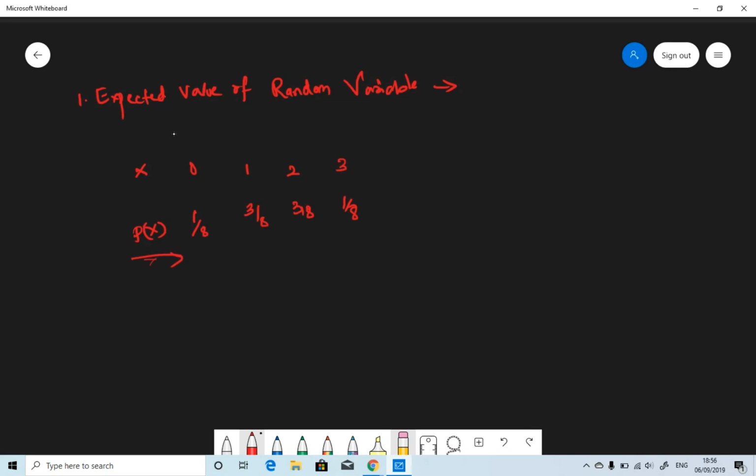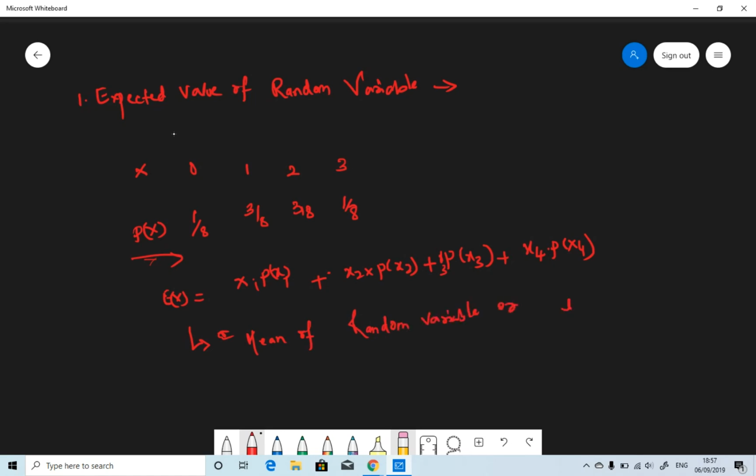Here, the expected value, how can we write it? x1 into p of x1 plus x2 into p of x2 plus x3 into p of x3 plus x4 into p of x4. What we can write as a whole is the expected value, or what we can call the mean of a random variable, or we can call it mu, right?